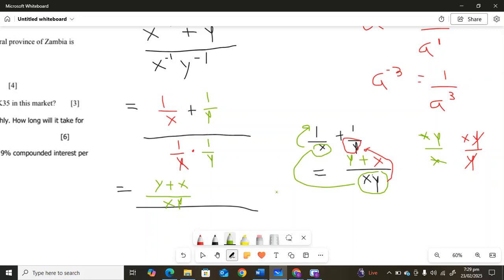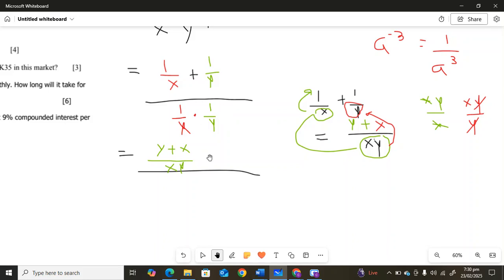Then at the bottom, 1 over x times 1 over y equals 1 over xy. Now again, we still got a fraction, y plus x over xy, divided by another fraction, 1 over xy.